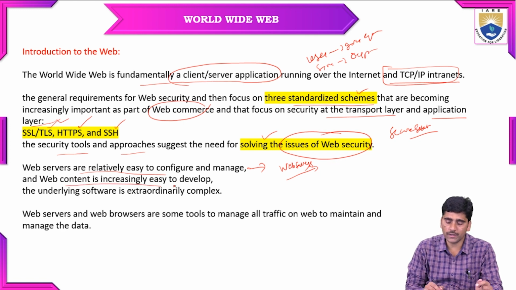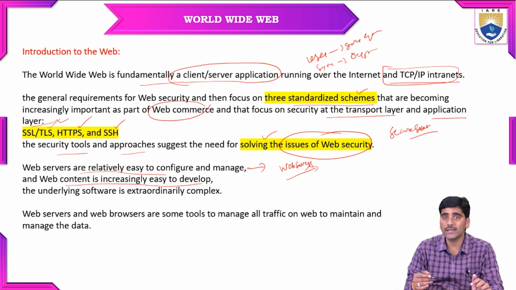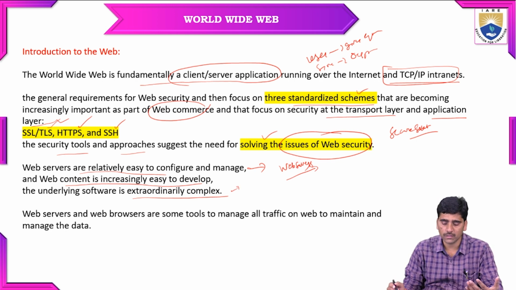And web content is increasingly easy to develop, while the underlying software is extraordinarily complex. So we need to provide an additional layer of security for all that increased data.